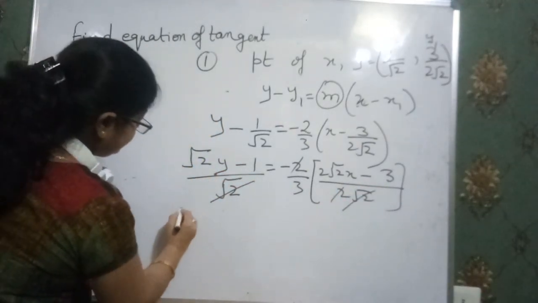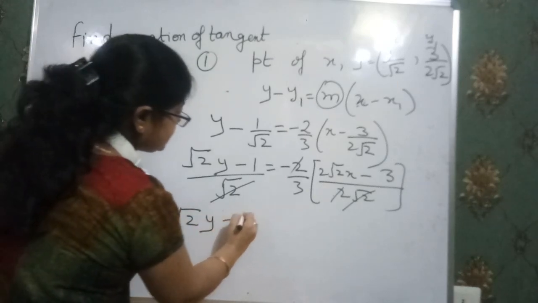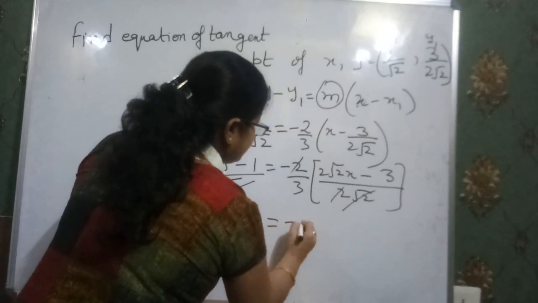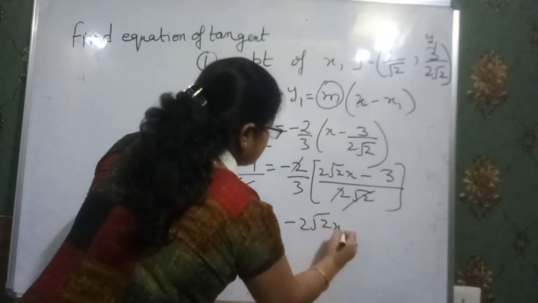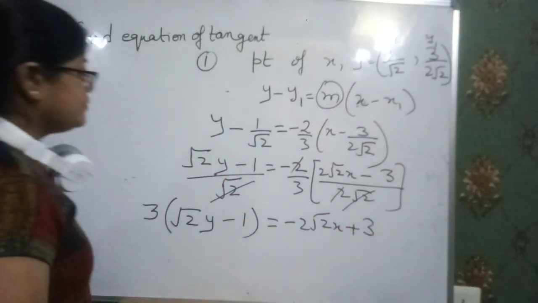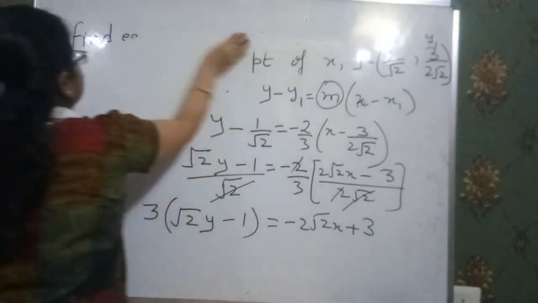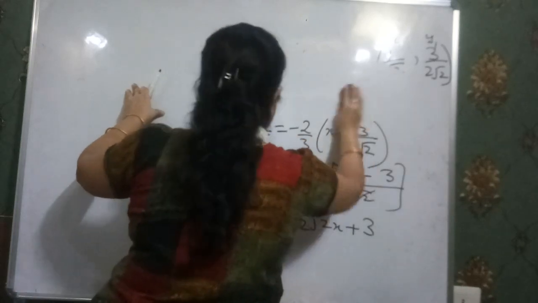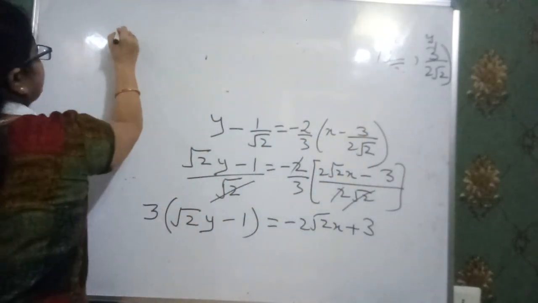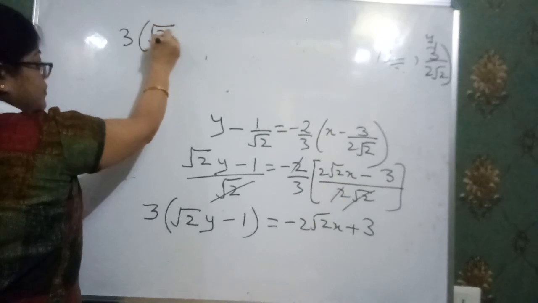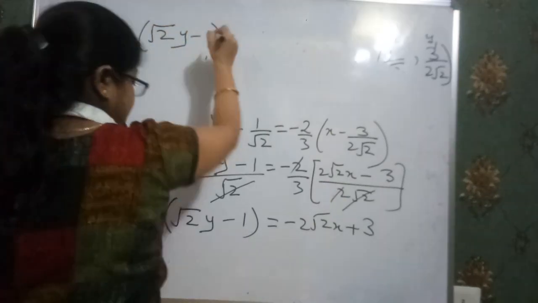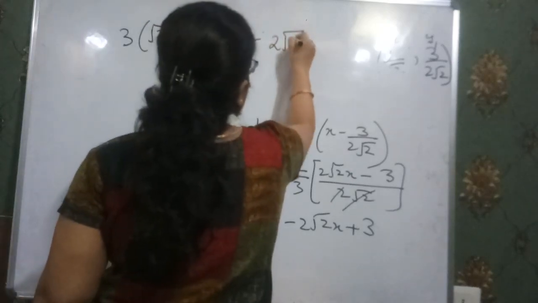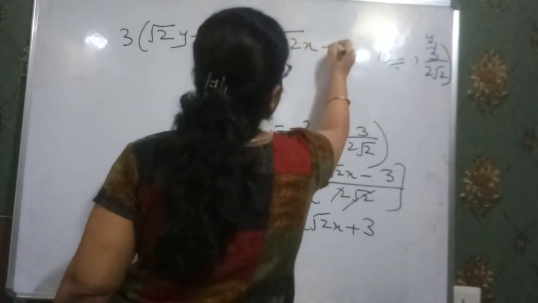So we are left with under root 2 y minus 1 into 3 is equal to minus 2 root 2 into x plus 3. Now just solve it. Three under root 2 y minus 1 is equal to minus 2 under root 2 x plus 3.